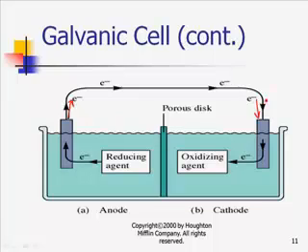We are gaining electrons there. Okay, the cathode contains the oxidizing agent. The anode contains the reducing agent. If we needed to assign a charge, we would call the anode negative and the cathode positive.